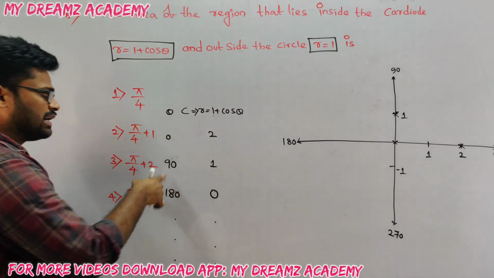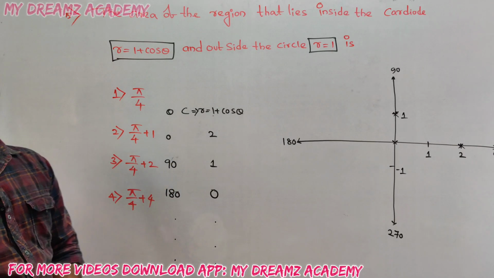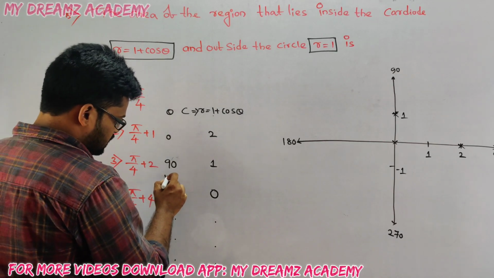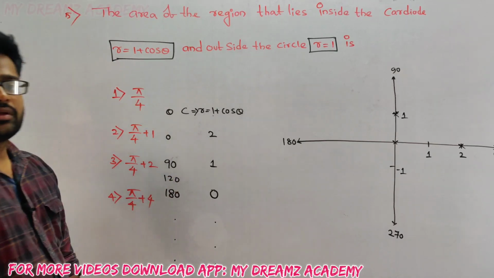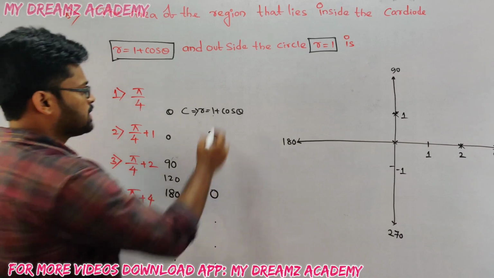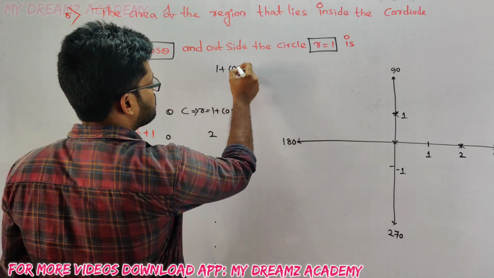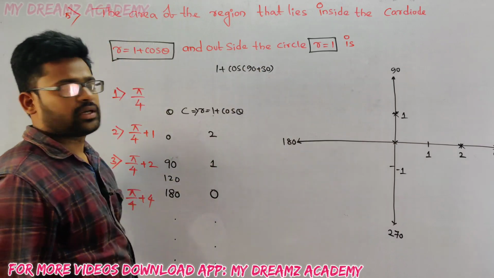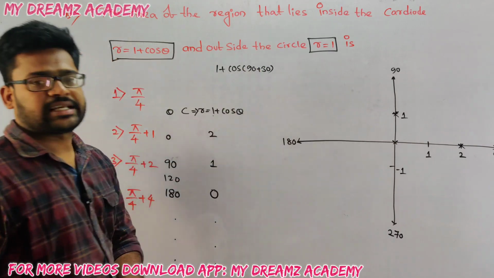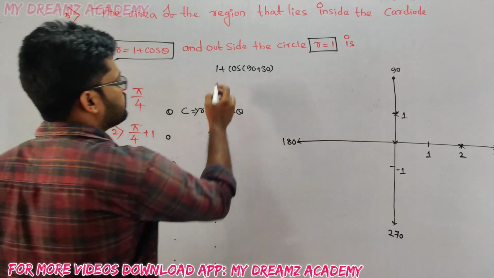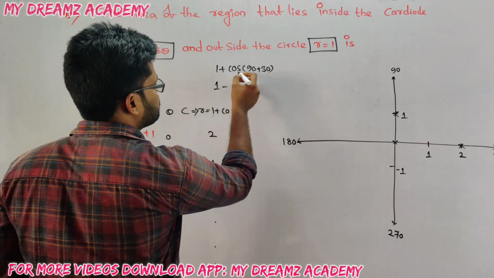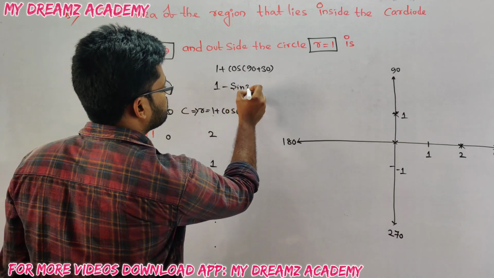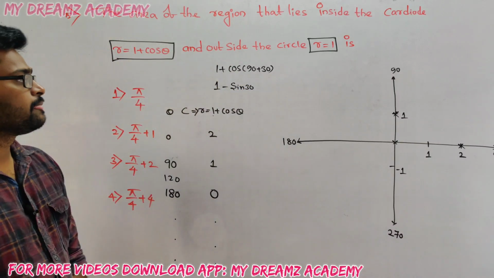So in between 90 and 180, it will have some magnitude. Let us consider 120 degrees: 1 plus cos 120, that is cos of 90 plus 30. It comes under the second quadrant. In the second quadrant, cos is negative, so it will give minus sin 30, and sin 30 value is 1 by 2.